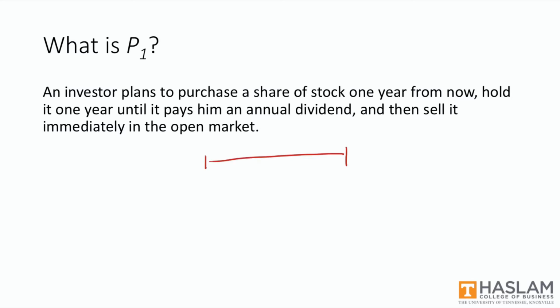The only difference here, again, is the time of purchase is time 1, and so we'll put a 1 here, and then this single dividend that we've identified in this second problem is going to be D2, not D1, and then the sell it immediately, that'll happen at time 2 as well, so we're going to have a P2 there.